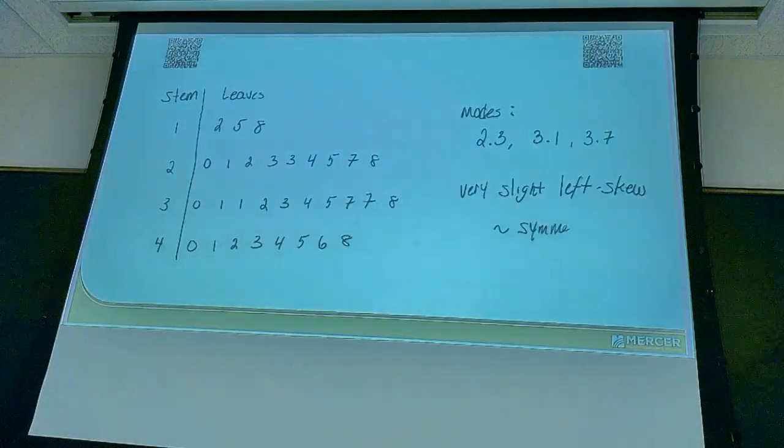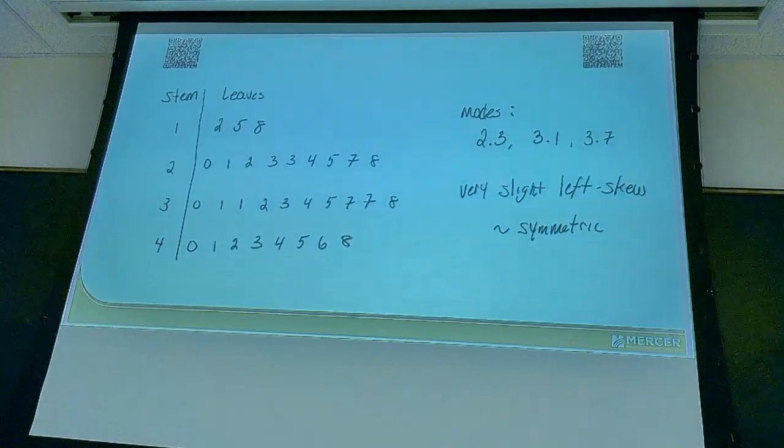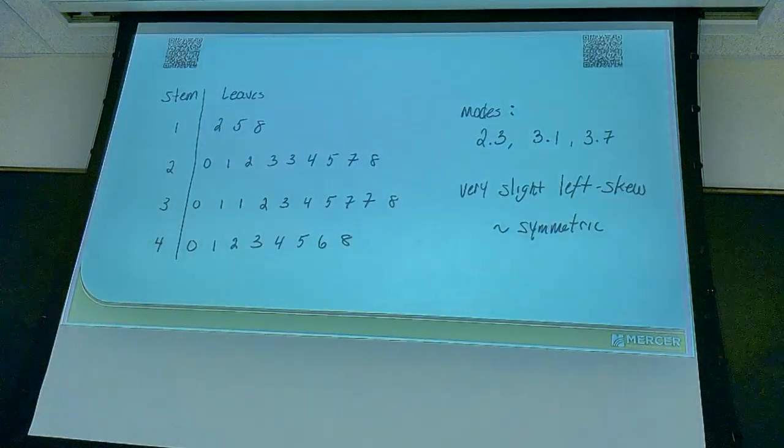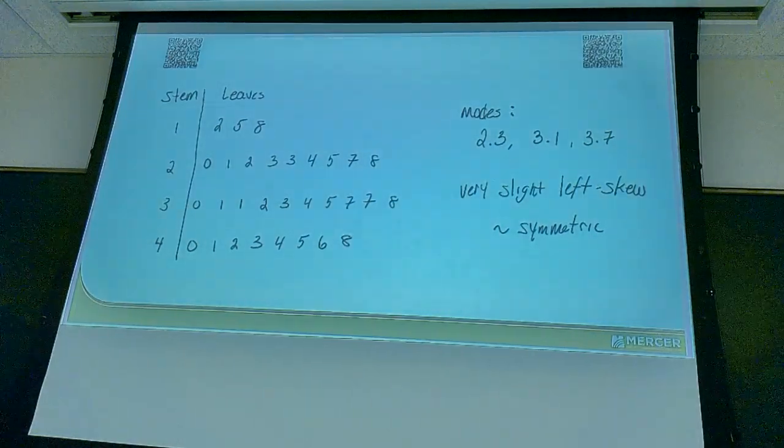Approximately symmetric. I would take either. If you say it's a slight left skew, that is correct. You could also say it's approximately symmetric.